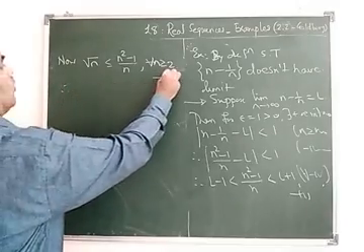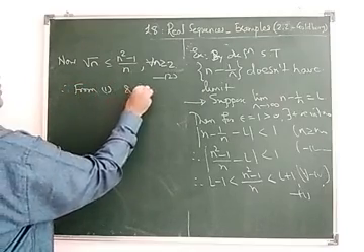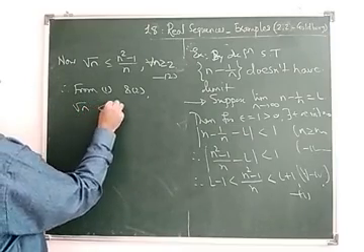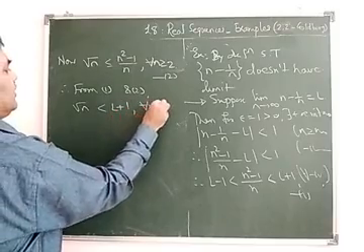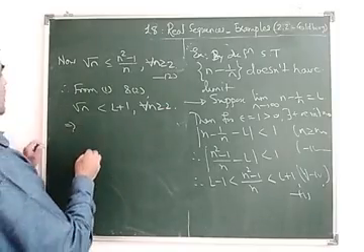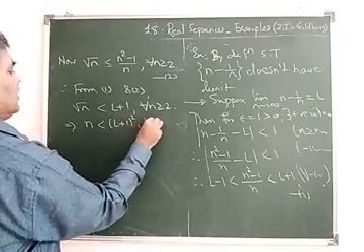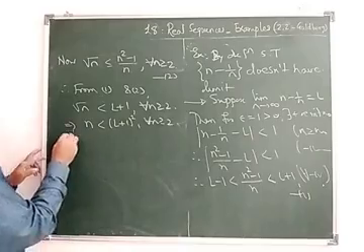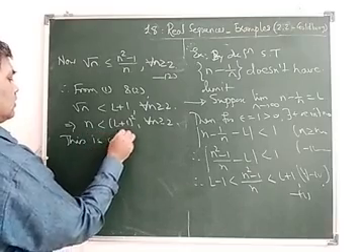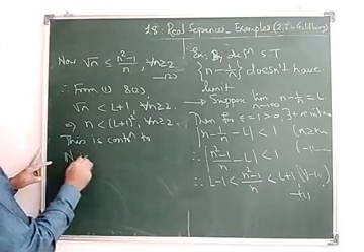And therefore, from 1 and 2, we get root n is less than L plus 1 for every n greater or equal to n naught, which implies n is less than (L plus 1) square for every n greater or equal to n naught. This is a contradiction to n is not bounded above.